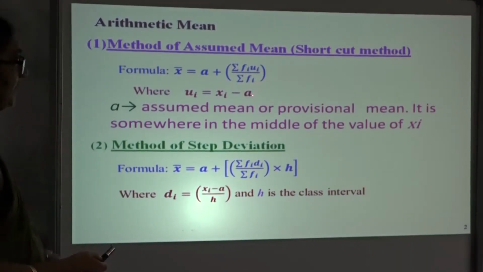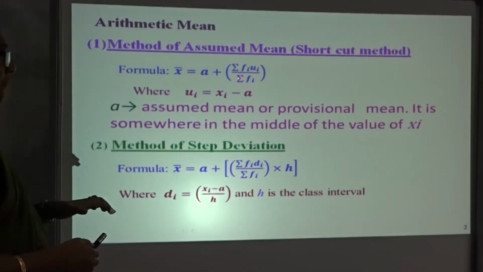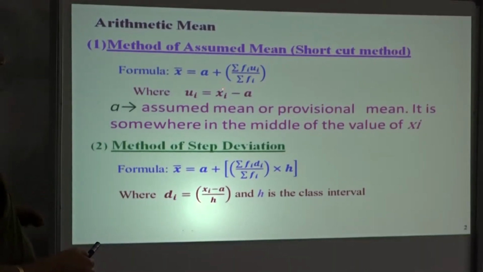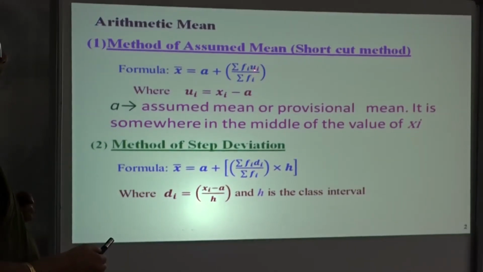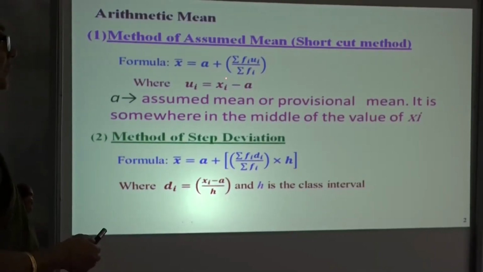First observe the frequency column. What's the maximum frequency? The xi value corresponding to the maximum frequency is our a, the assumed mean. Once you take this, next find ui, multiply, and then proceed. I am going to explain this further in the example.